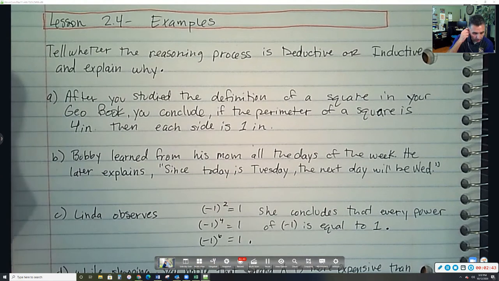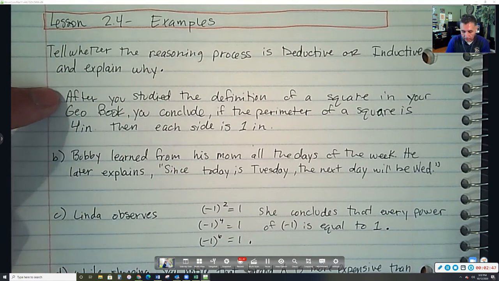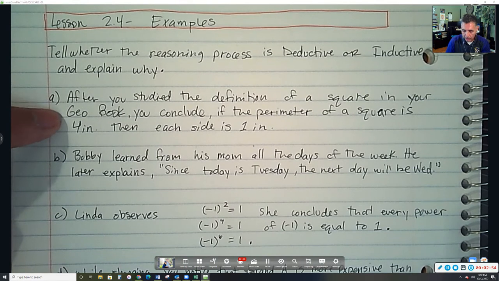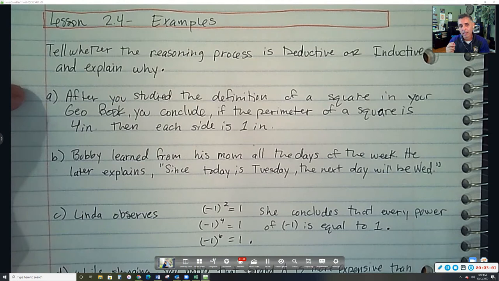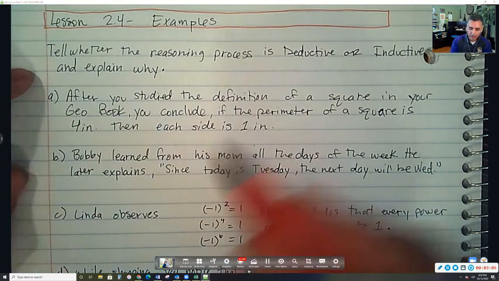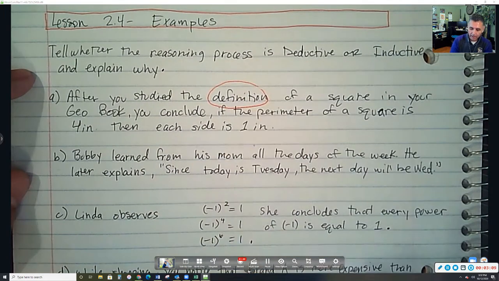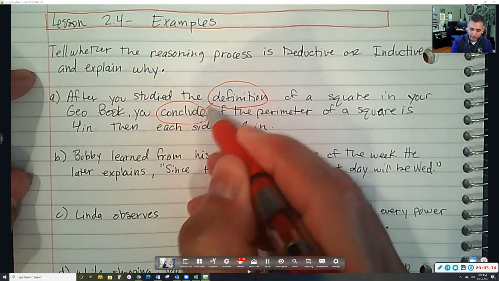If you look at the first one, letter A, it says, after you studied the definition of a square in your geometry book, you conclude if the perimeter of a square is 4 inches, then each side is 1 inch. Now I'm going to circle some keywords. First, we studied the definition, and we're making a conclusion based on that definition.